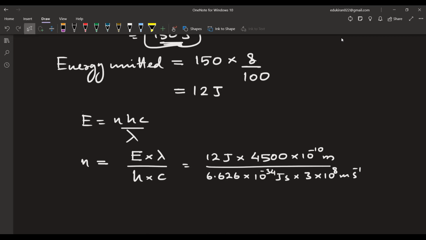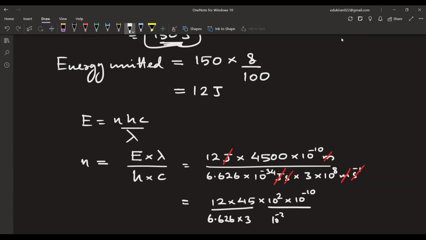meters per second. Now each and everything will get cancelled: joule with joule, second with second inverse, meters with meters. You will be getting 12 into 4500. Rather than writing 4500, I will write 45 into 10 to the power 2 into 10 to the power minus 10, divided by 6.626 into 3 into 10 to the power minus 34 into 10 to the power 8.